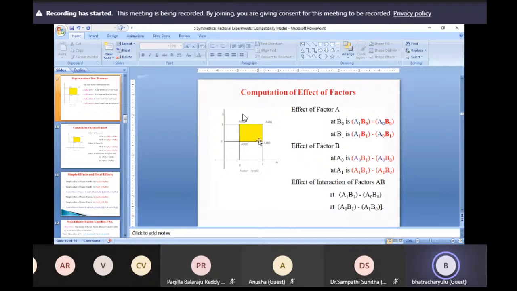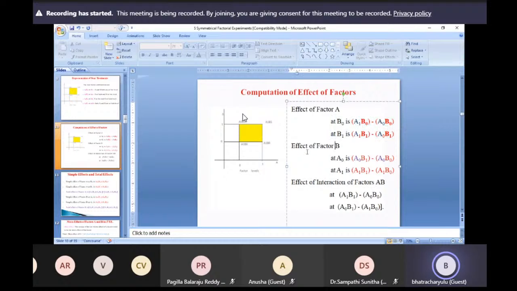If you calculate that, it is called one effect of factor A at B0 level. And similarly at the high level also you calculate. Now the sum of these two that you have to calculate is called the total effect of factor A.